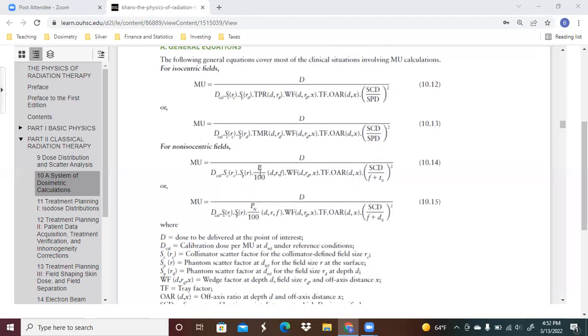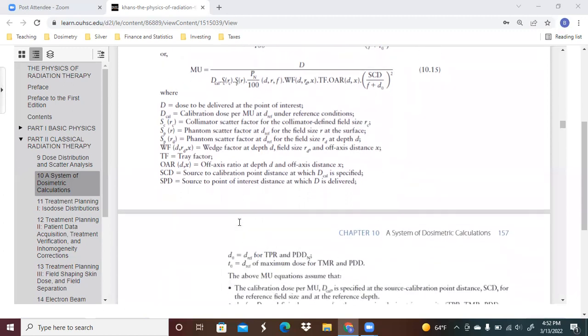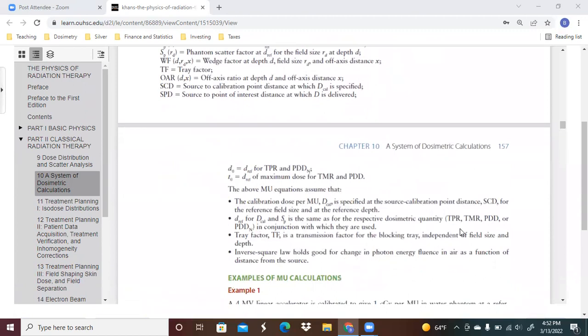If you are looking here at the non-isocentric fields, you have the PDD, and you also have P sub N DDD. Let's see if it gives a description here.